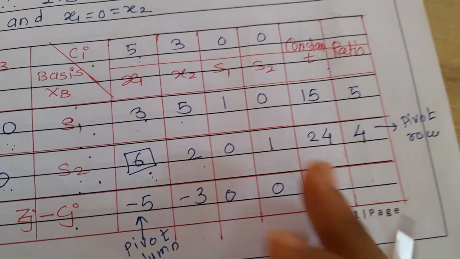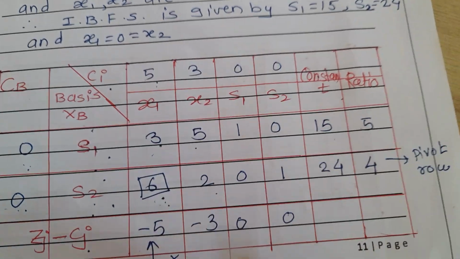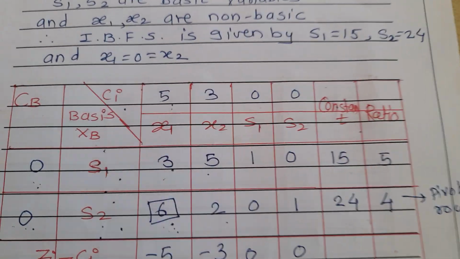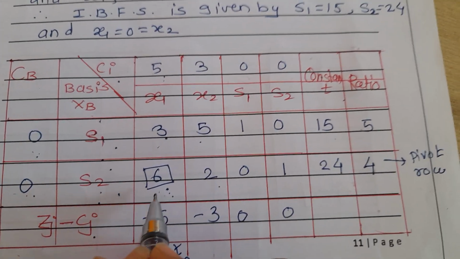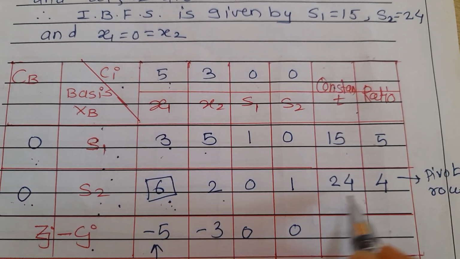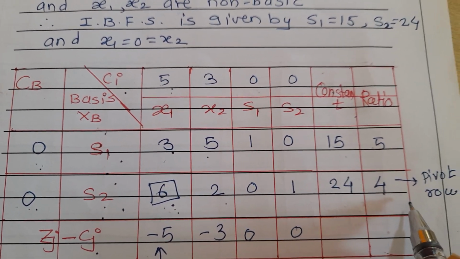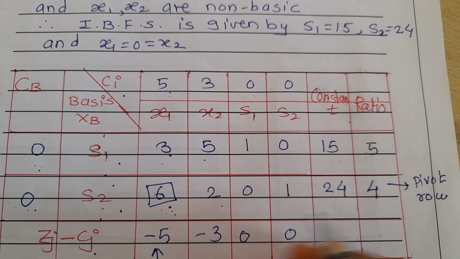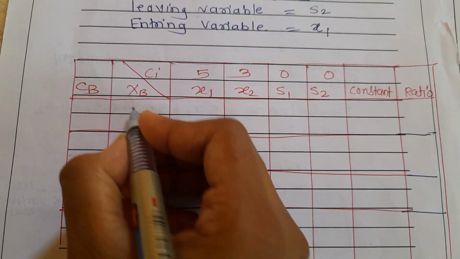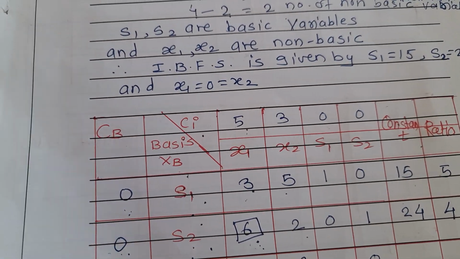If we divide this row by 6, we get 1. Therefore first we change the pivot row, then we solve the other operations. First we write S1 as it is, and S2 is changed by X1.